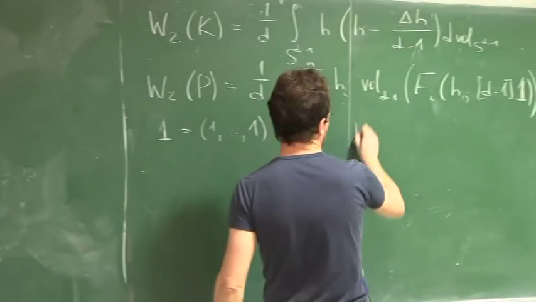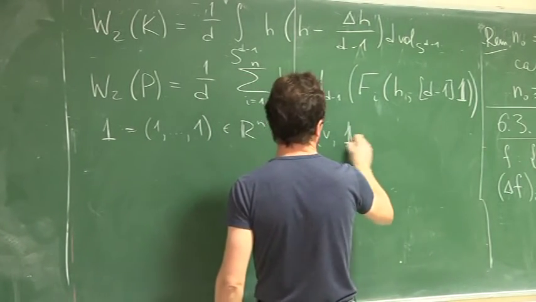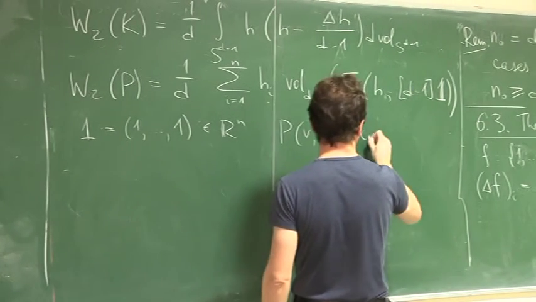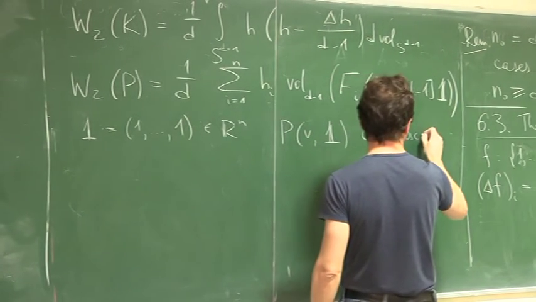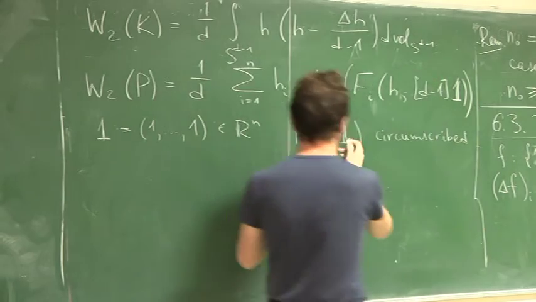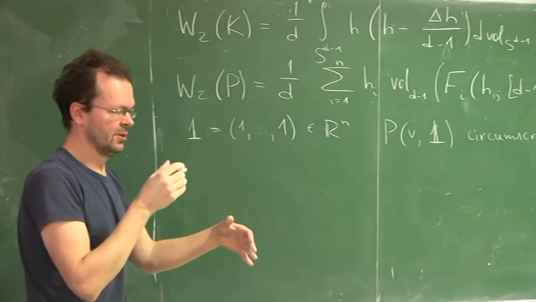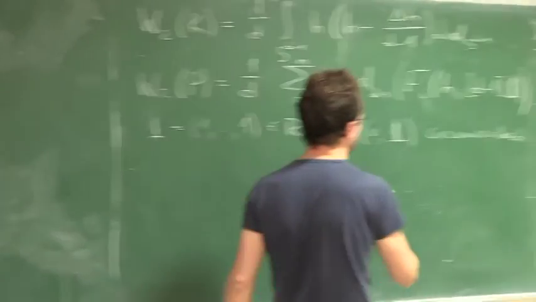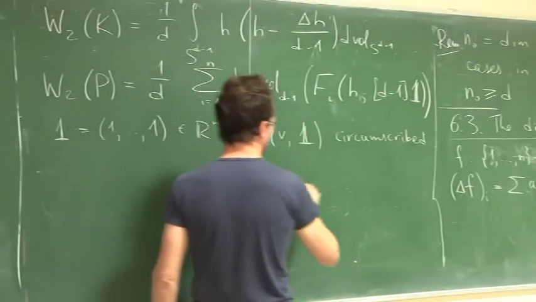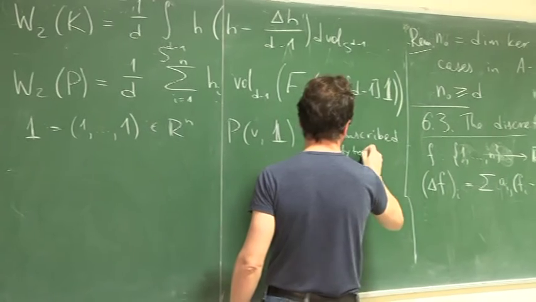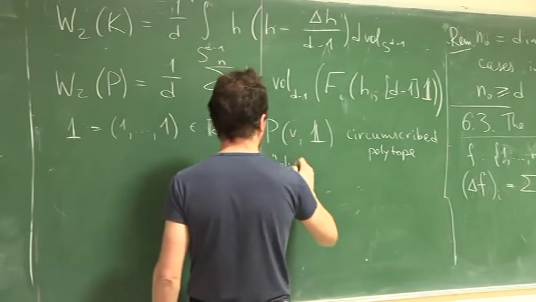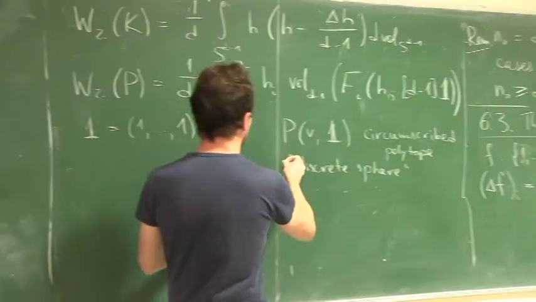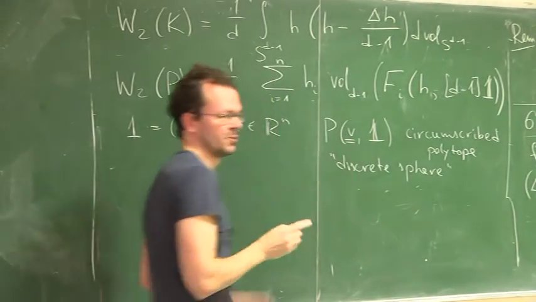The polytope with h_i equal to 1 is a circumscribed polytope, because h_i always gives the distance from the origin to the plane. So we have planes at distance 1. This is a circumscribed polytope, and this is sort of a discrete sphere. But this discrete sphere depends on the choice of the vectors v_i, of the points on the sphere.